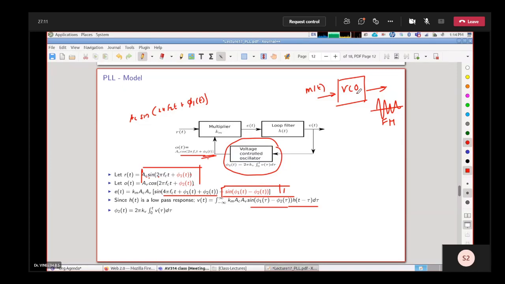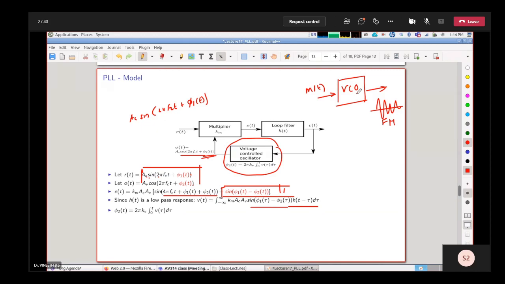Okay. So I think now you get a picture of the signals at different points in the PLL. You have this sinusoidal input with phase phi1 of t. What we are trying to do is find out what phi2 of t is. Now we have a description around the loop of the different signals which are present.